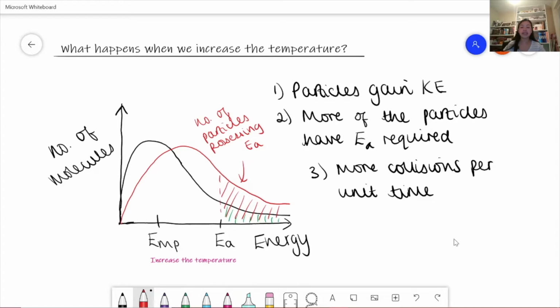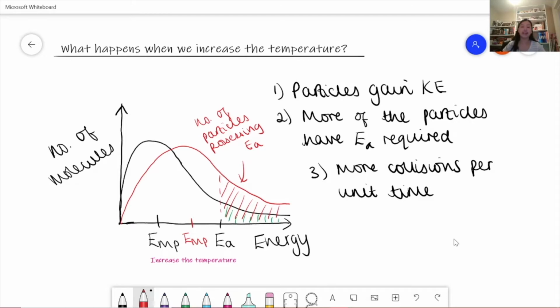And we see that this most probable energy has also changed. So it's changed to about here. Another thing to note is that the areas of the graphs should be the same because we're not altering the number of molecules. We're simply giving them more energy by increasing the temperature.